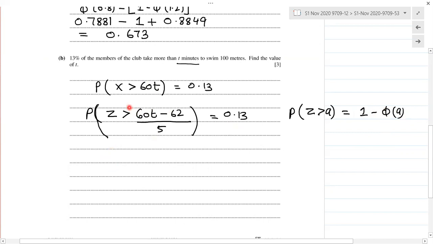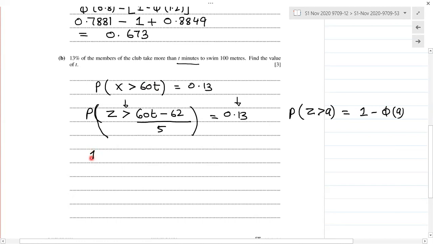Once we do 1 minus 0.13, we will get 0.87, which we can look up in the table as an inverse of phi, which is greater than 0.5, so it works. So this doesn't have to be a negative value.